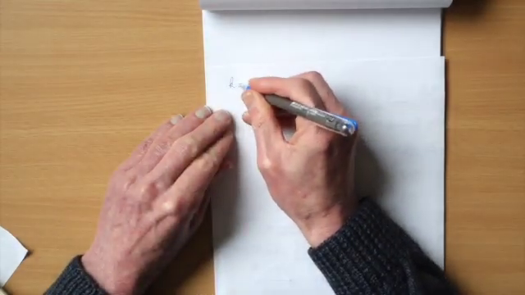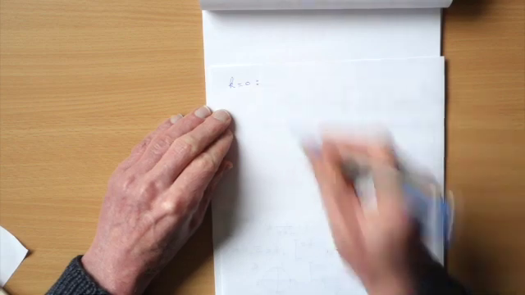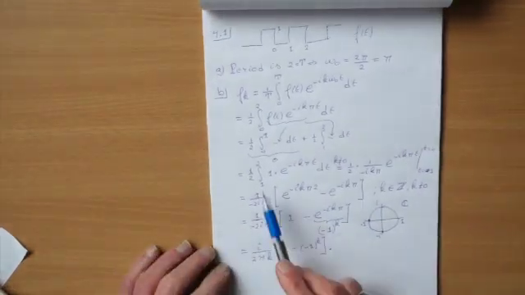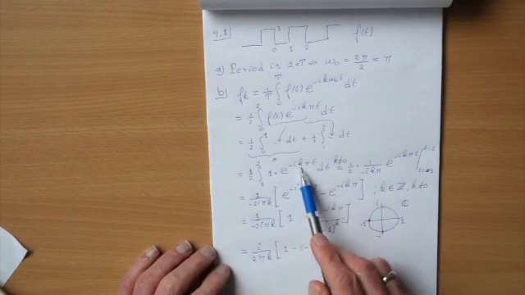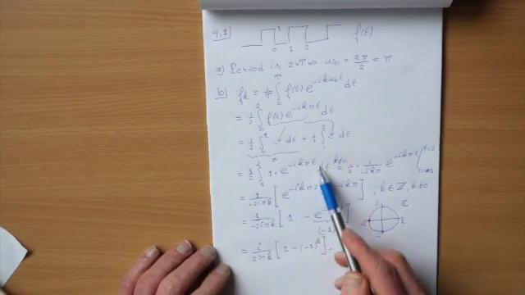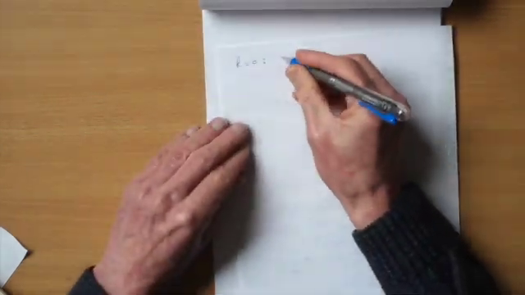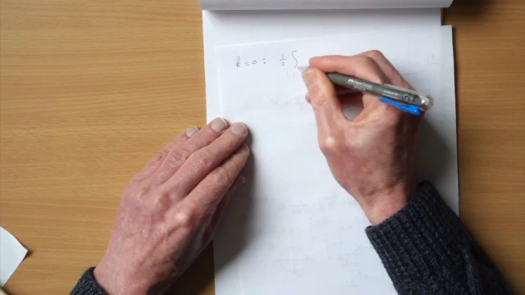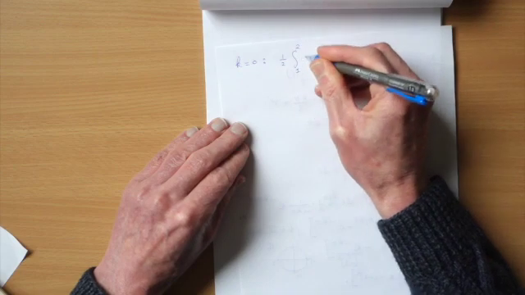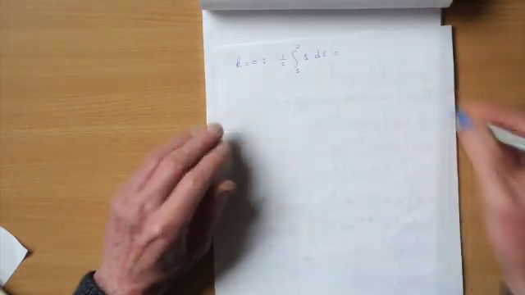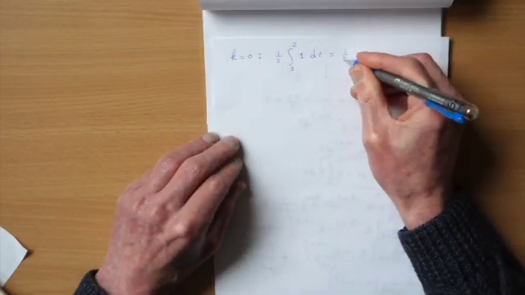Here we can just substitute k is 0. Then we get e to the power 0, that's 1. So we get a half integral from 1 to 2 of 1 dt, and this is just a half.